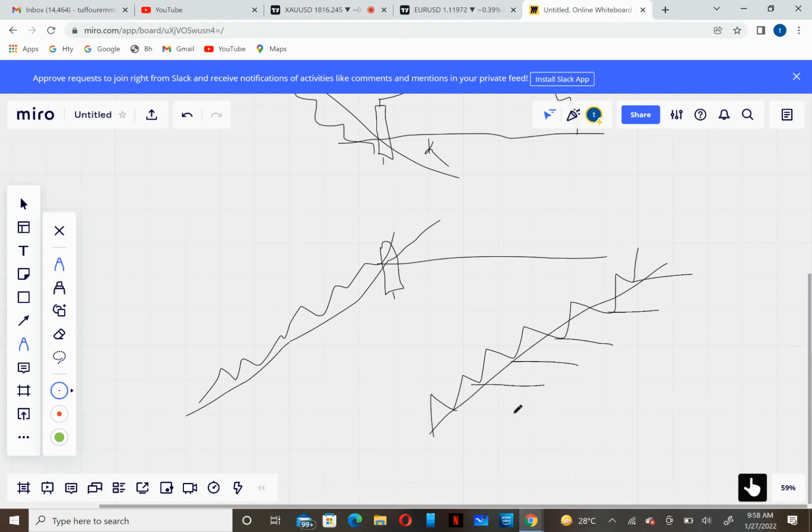So the rule says that whenever there's a candle closing below, if it's an uptrend, it should be a candle with a body, not a wick. So this one is a body. You see the body is closing below the higher low, meaning we have a change in trend.